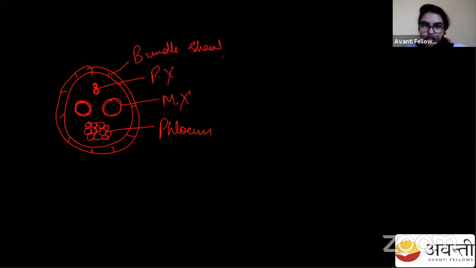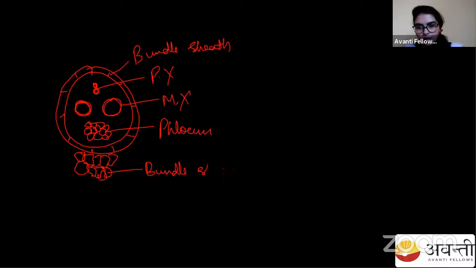Okay, so this is bundle sheath, and here there will be the sclerenchyma cells, that we call as bundle sheath extension. Okay, and here normal parenchyma cells will be there as the packing tissues. यहाँ पे normal parenchyma cells will be there.